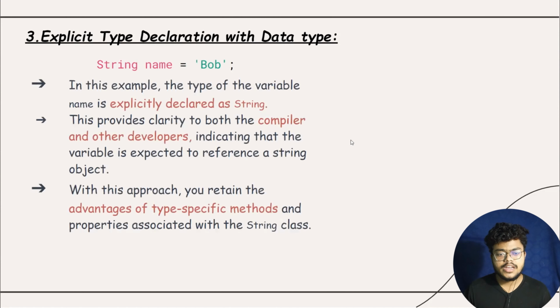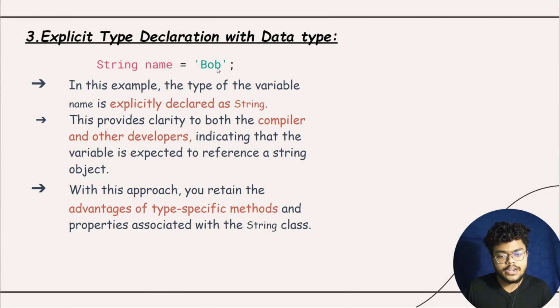So let's see it. It is an efficient way to declare any variable. You must declare the variable with the type of the data. So here Bob is of string type. So we are declaring the name variable as a string. In this example, the type of the variable name is explicitly declared as a string.